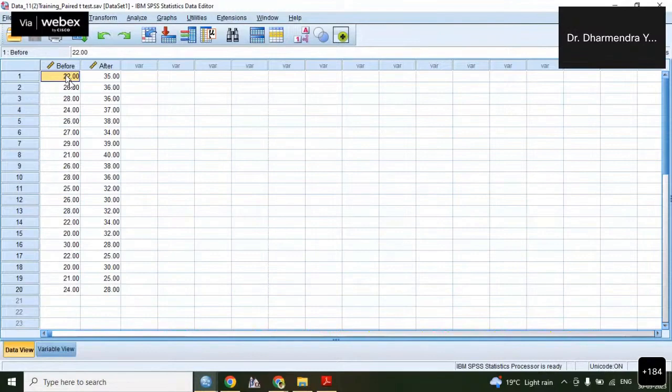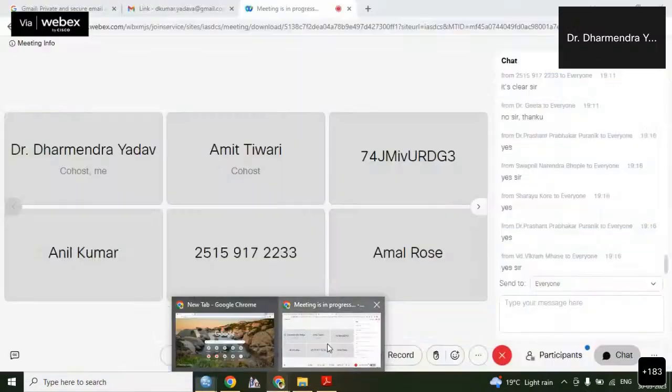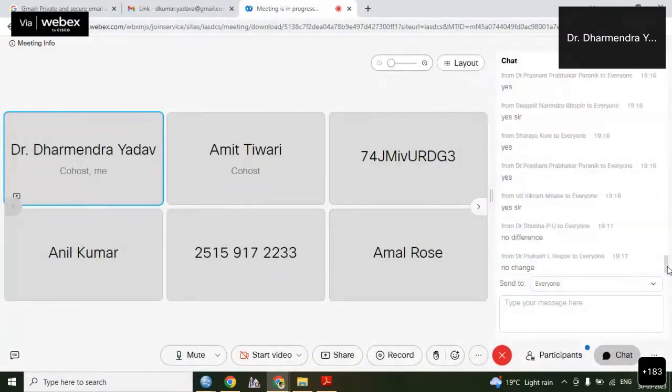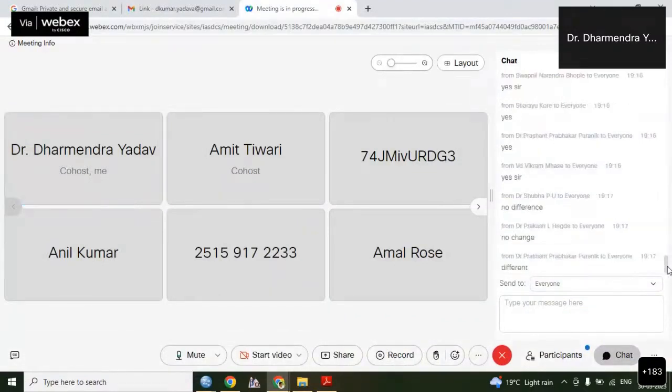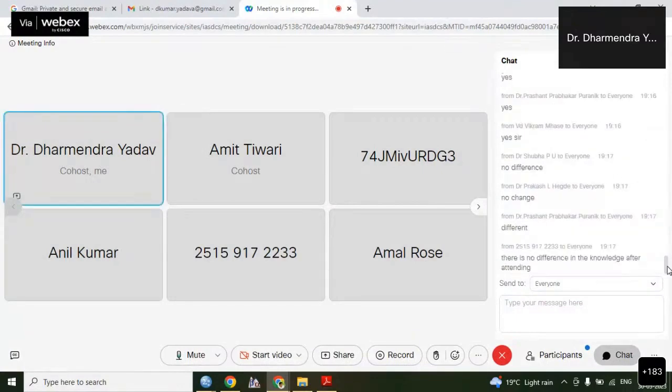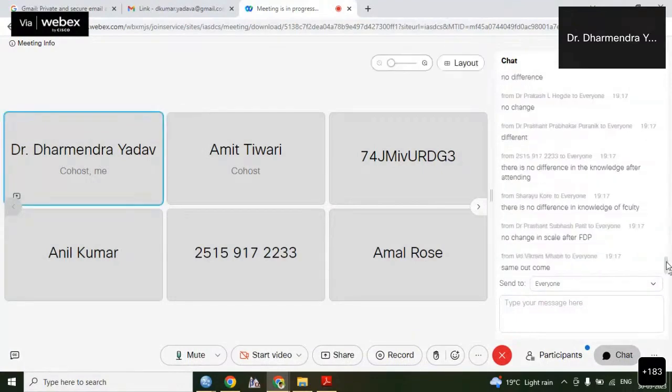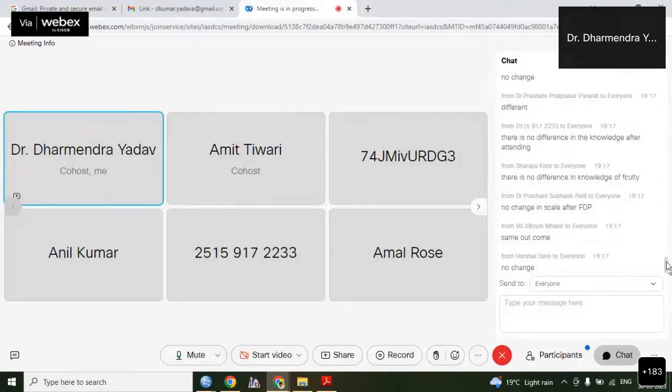So, what will be the null hypothesis here? Please tell me. No change, no difference. Good. It means there is no significant change in the knowledge or any skill before and after attending this workshop.